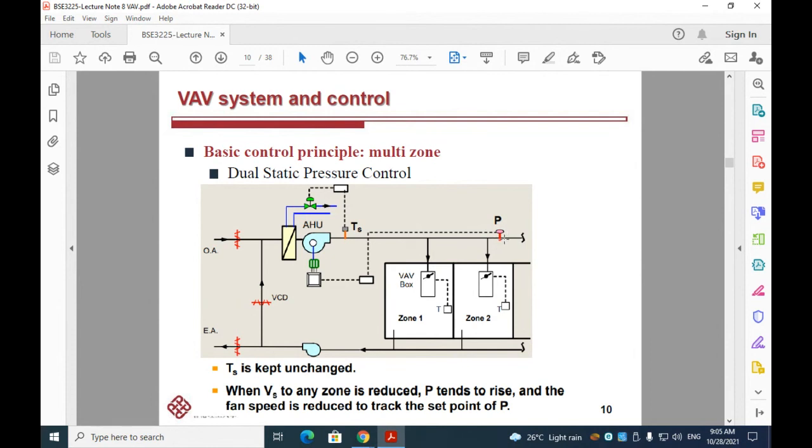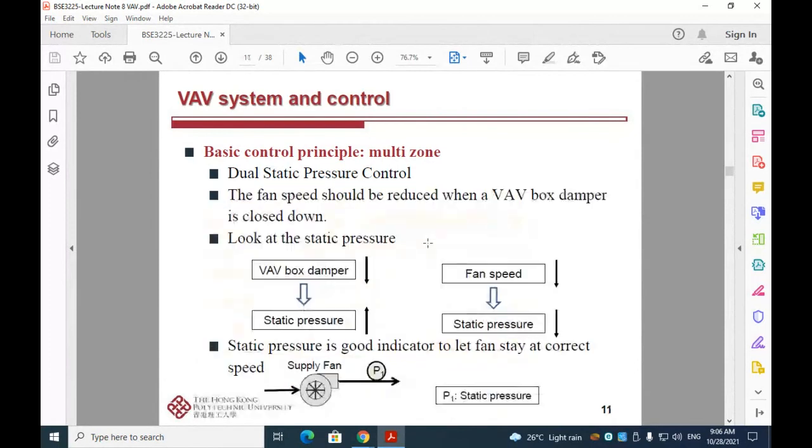And when the pressure rises, the flow will be flowing to here, but not to the designed zone 1 or zone 2. So the fan speed will be reduced to track the set point of the pressure here. So this is a further illustration of this dual static pressure control.